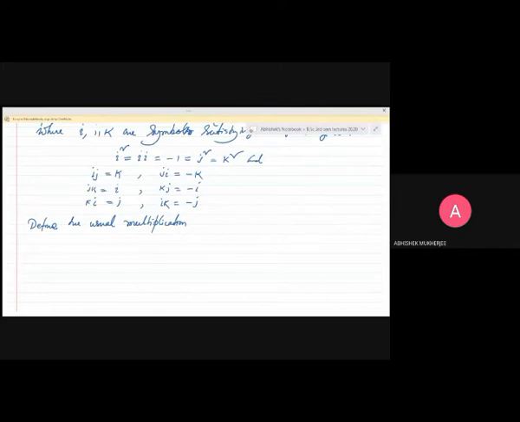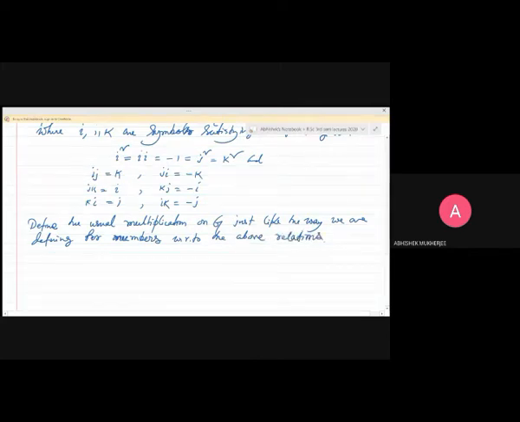So define usual multiplication on G, just like the way we are defining for numbers, with respect to the above relations.